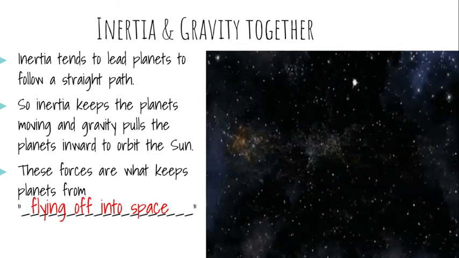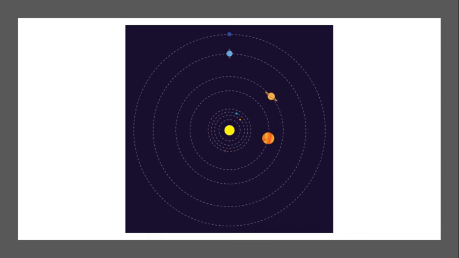Let's look at some examples. This is an artist's interpretation of the planets. What we see here is they're moving. Now notice that Uranus and Neptune are not moving because their orbit does take a very long time. The planets are moving.